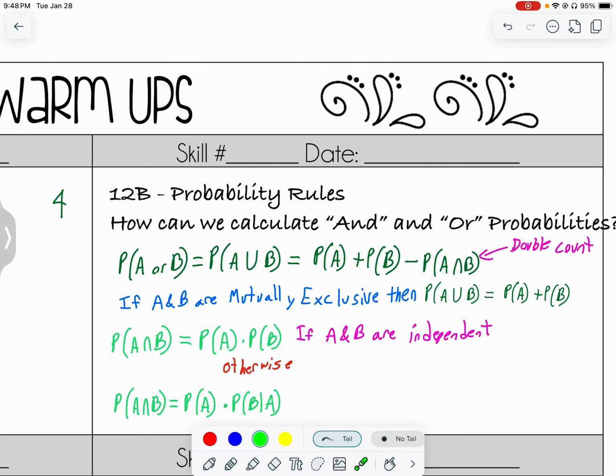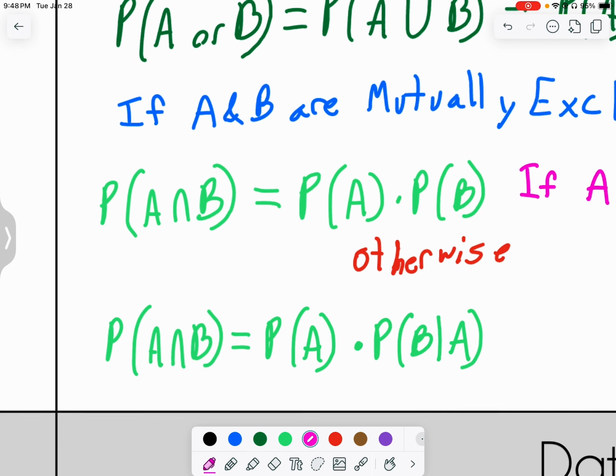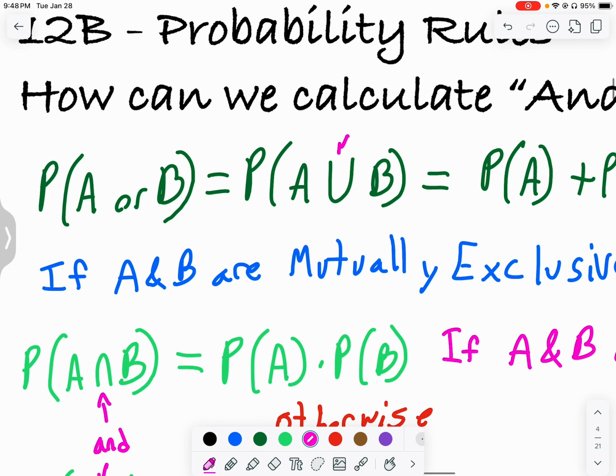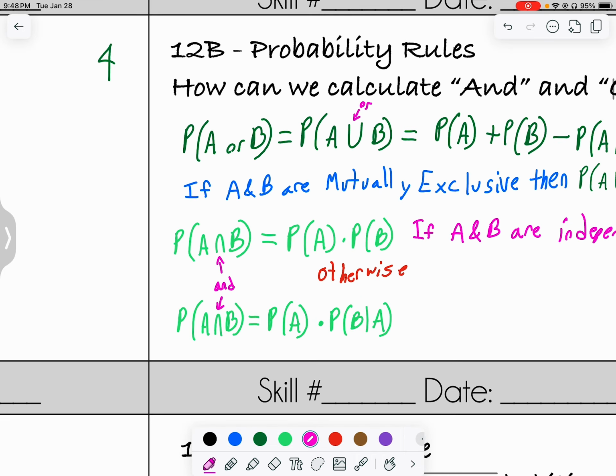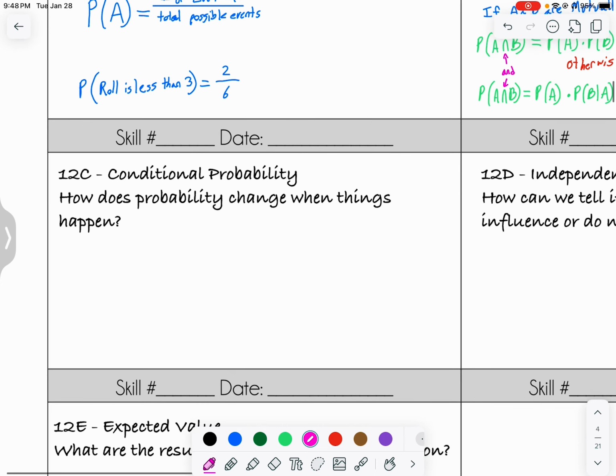And those are two probability rules for the AND probabilities and the OR probabilities. Let me make a quick note because I didn't restate that here. This and this mean AND, just like the cup means OR.